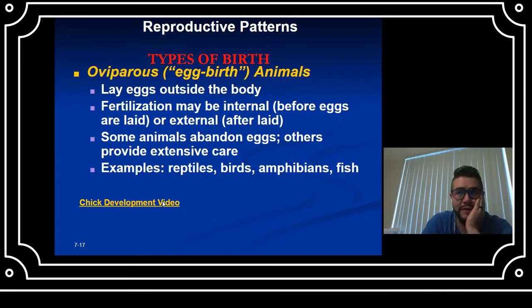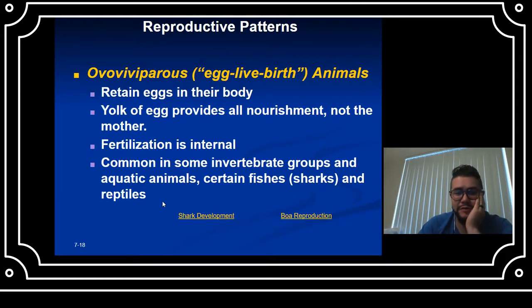Think of the difference between fish and birds. Right? Fish, once they lay their eggs, they're pretty much gone, while birds have to incubate the eggs for a long period of time to get the young to hatch. But reptiles, birds, amphibians, fish all use oviparous birth. If you watch the videos, the chick development shows you an example of oviparous birth.